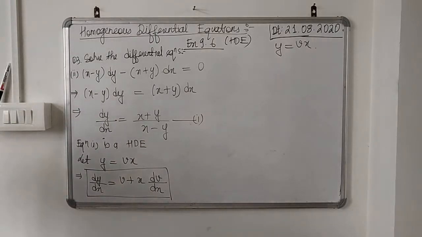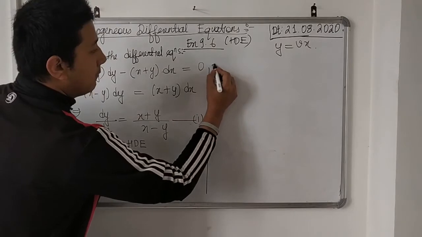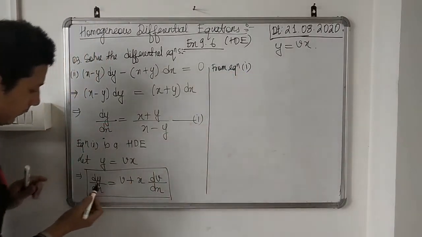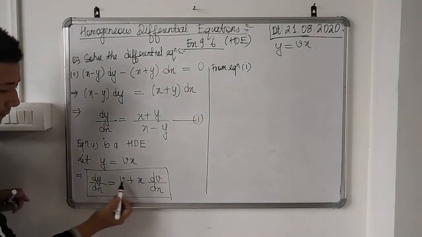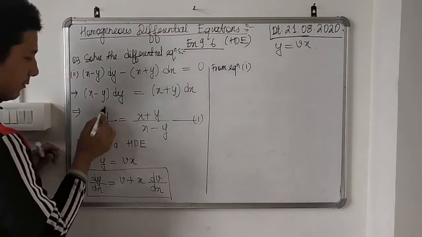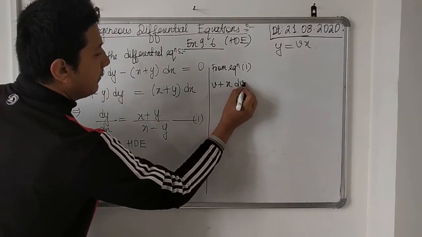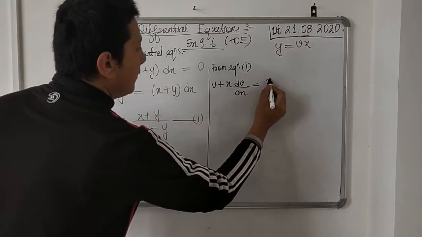Now the same step, what to do? From equation number 1, in equation 1, I'll put the value for dy by dx as this. This is equation number 1, so put the value for dy by dx, v plus x dv by dx, which is equals to x, keep it as x, plus y.